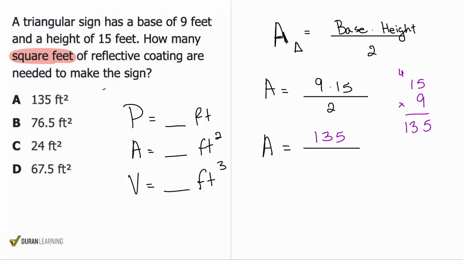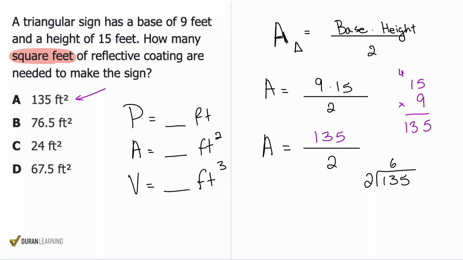But what's actually happening is we need to finish by dividing by 2. Because again, this is a triangle we're dealing with, not a rectangle. So when we divide by 2, that's what's going to get us our final answer.